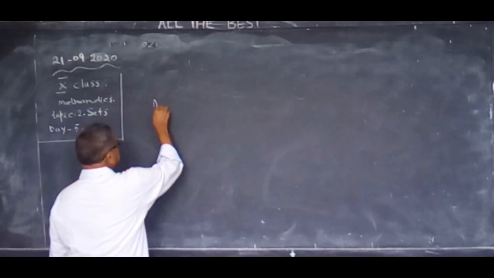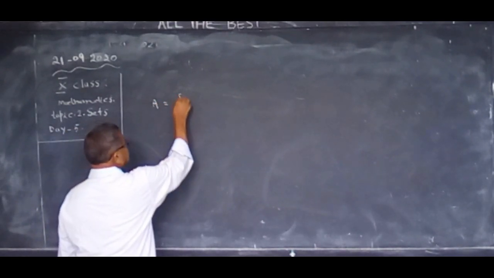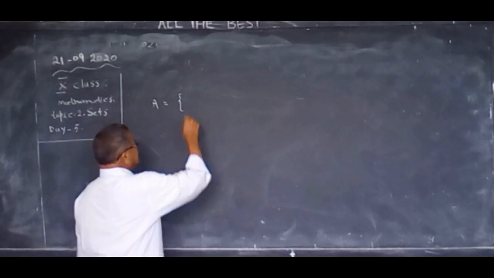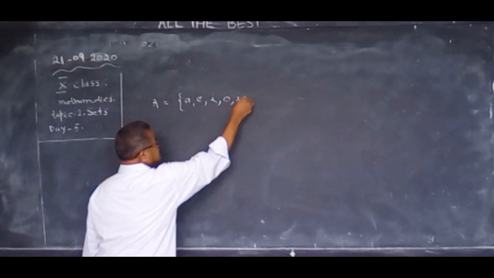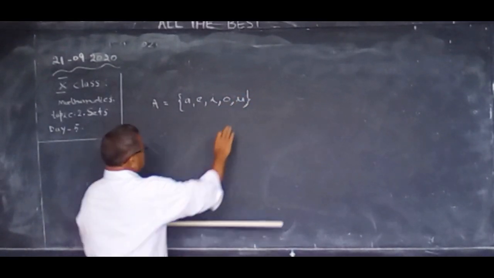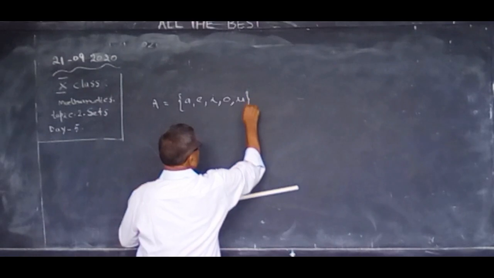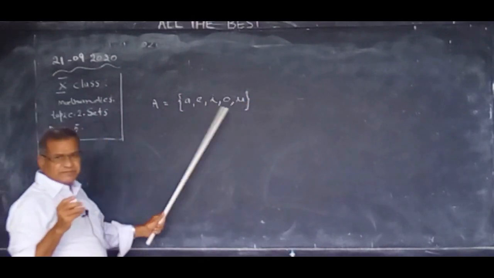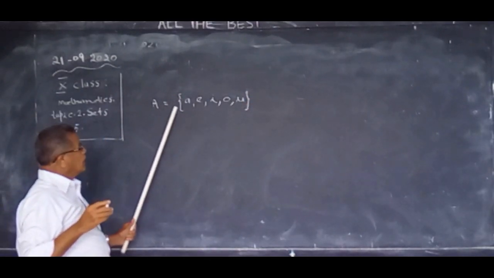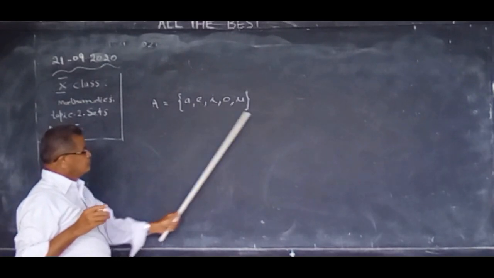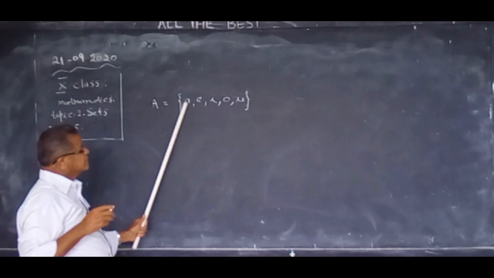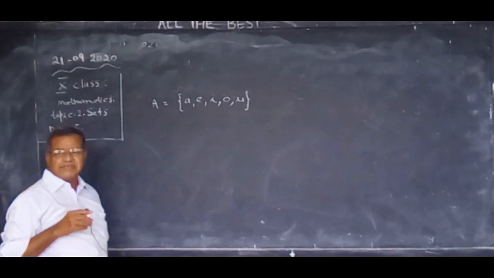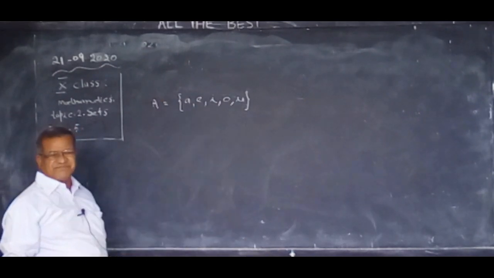Suppose you write an example. I am giving one example: {A, E, I, O, U}. These are the elements, enclosed in curly brackets. We know by seeing these elements that they are vowels.